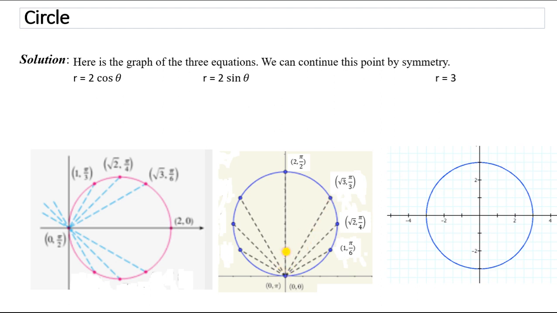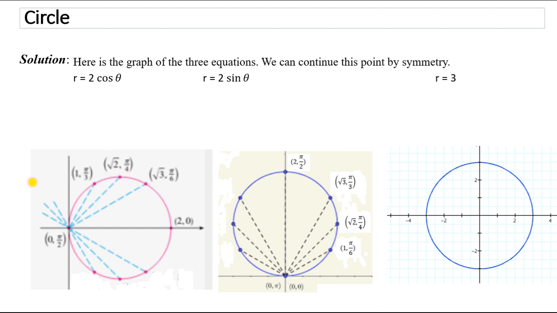If θ = π/2, the distance is 2. I connect between these points. Finish. Then I continue by symmetry about the y-axis, because sin θ is always symmetric about the y-axis.